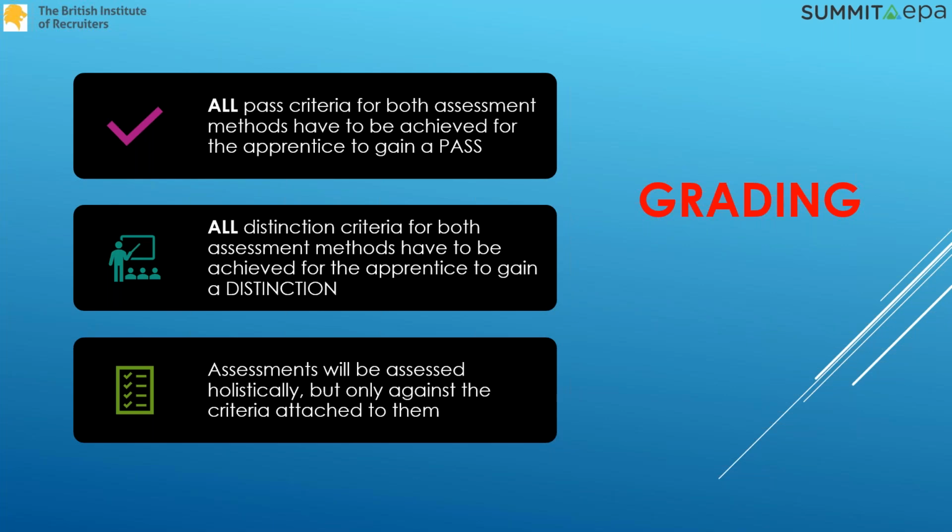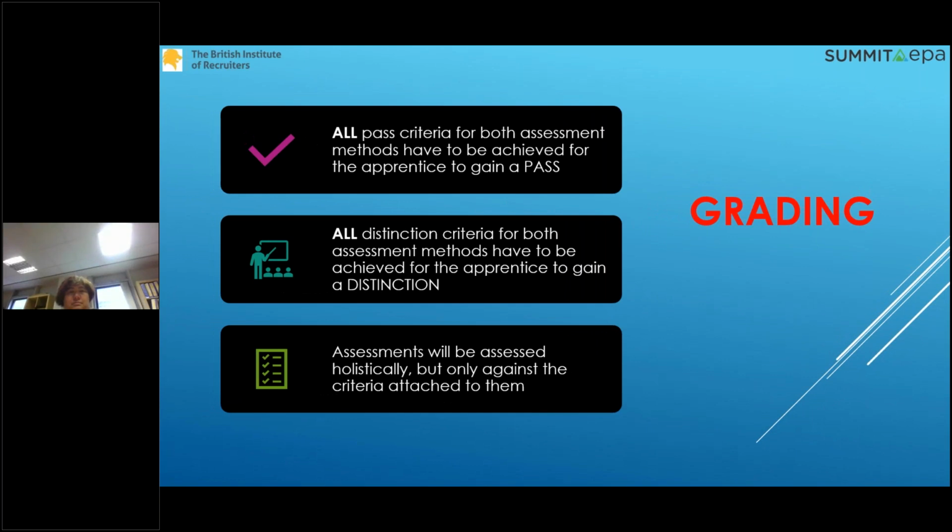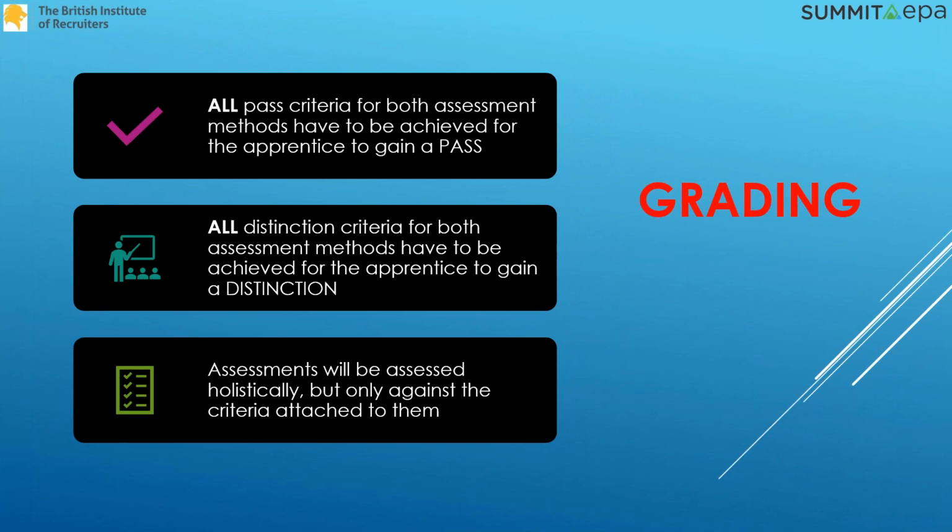The other great thing is the assessments will be assessed holistically, but only against the criteria attached to them. In some assessment plans you may see, such as business admin, you can holistically assess numerous assessment methods. But with this, we can only assess against the criteria that is attached to that specific assessment method.